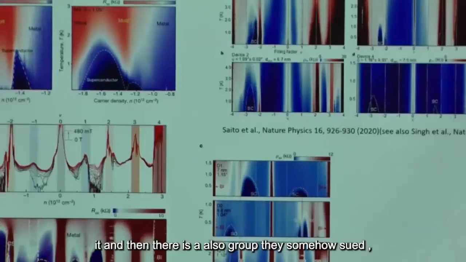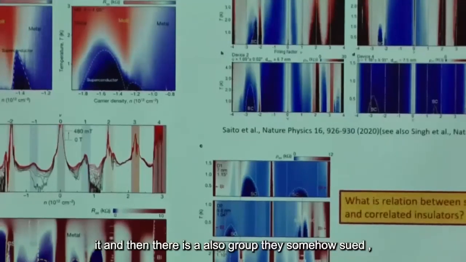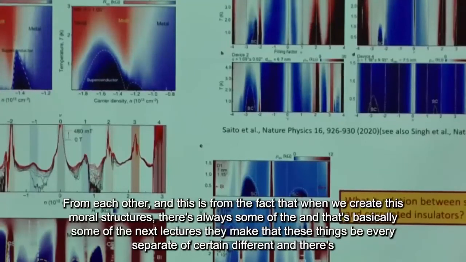The problem in the field so far, though there has been some progress, is that every sample is different from each other, and this comes from the fact that when we create these moire structures, there's always some residual strain that creates some disorder in the system, and that will be covered in the next lectures.